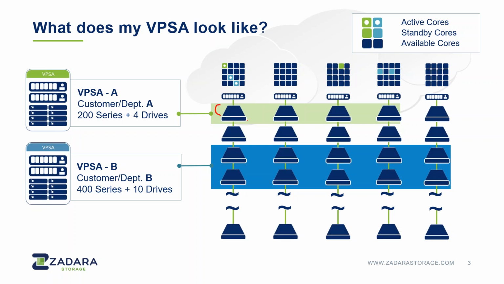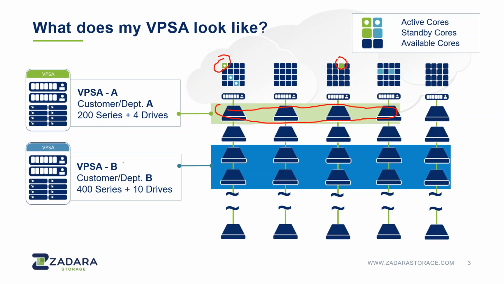So you'll get the physical drives here, and then you'll get physical cores here. So you'll have a core here and one here. Now, if you spin up another VPSA, it's going to be completely independent of the first VPSA, and it's also true if it's a different customer.